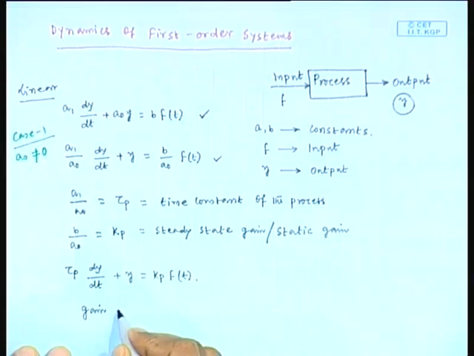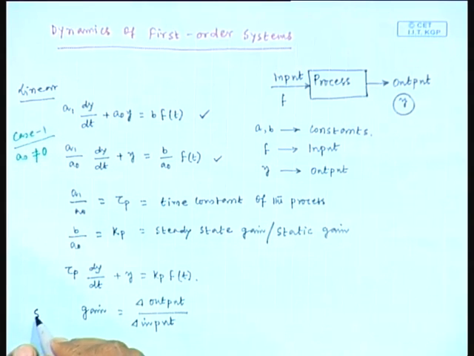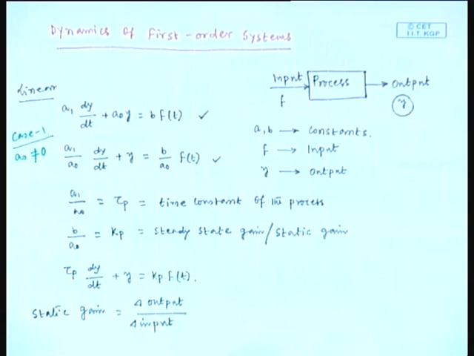I mean gain equal to change in output divided by change in input. Fine. Since we have considered this as static gain, this delta output divided by delta input should be considered at steady state only.